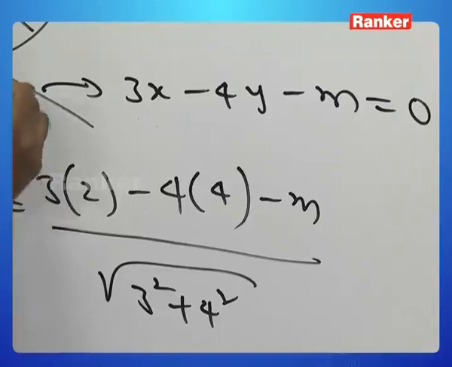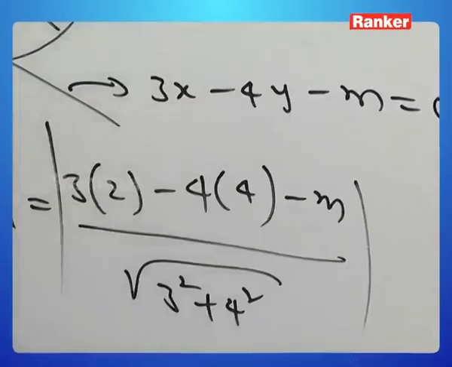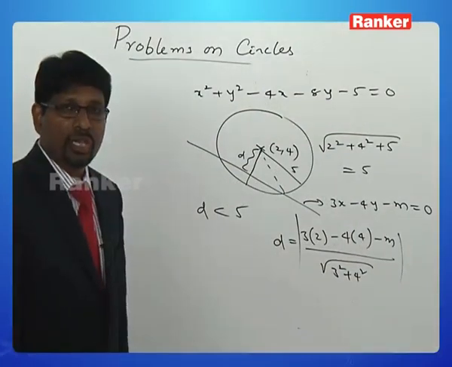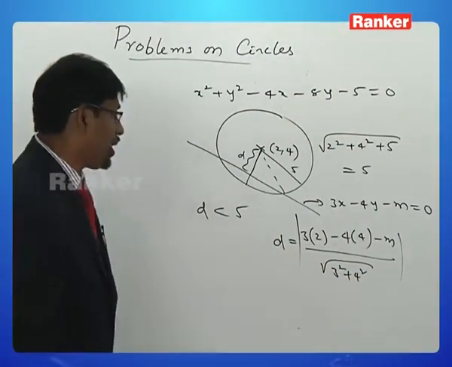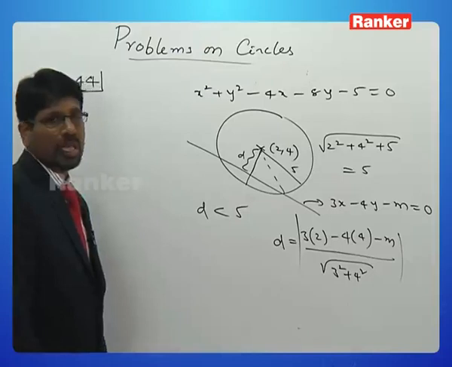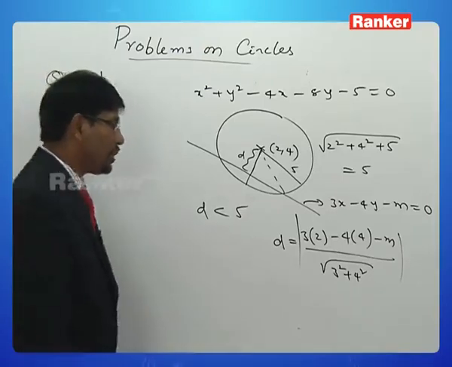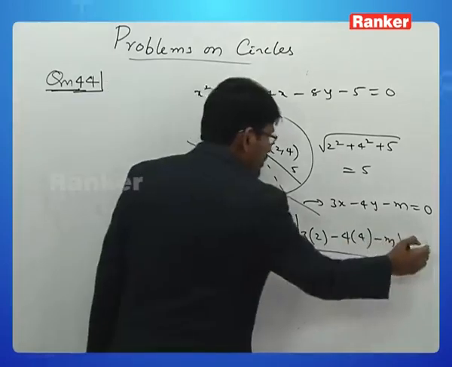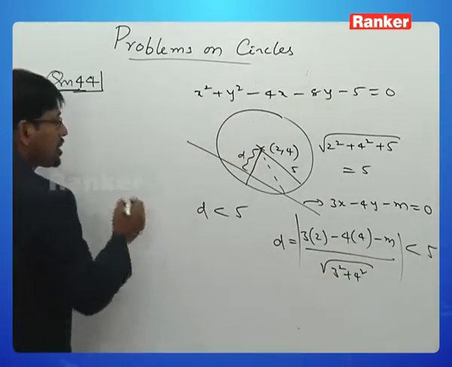Perpendicular distance from a point to a line is ax1 plus by1 plus c over under root a square plus b square, where x1 comma y1 is a point and ax plus by plus c equal to 0 is the line. So using that, this should be less than 5.